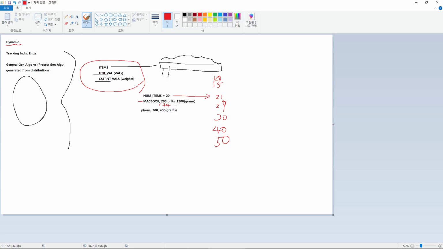Suppose I needed to maybe plug in something to my laptop and then I would need to consider that setting as a whole, as one item. So now suddenly my MacBook weighs not 1200 grams but 1800 grams.